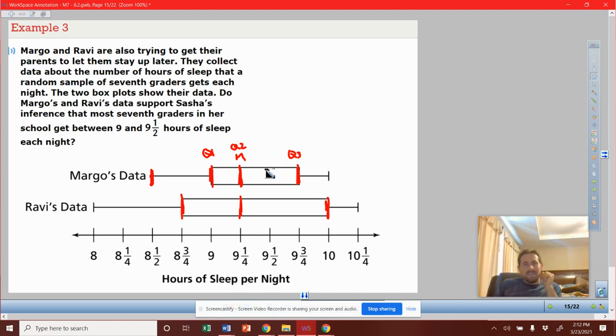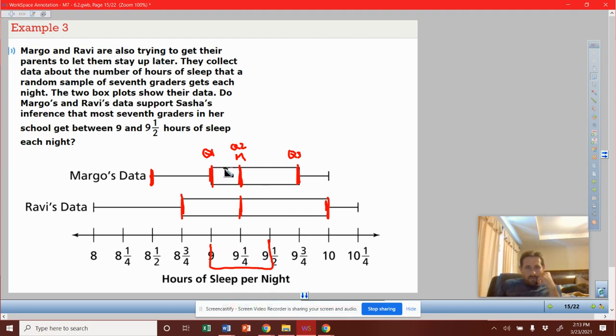So would these box plots say that the data falls in between 9 and 9.5? We still have our median there. You could see that we're right there at 9 1/4. And then if you're looking at Margot's data, she's got a really condensed box. And a condensed box as a quartile is a pretty good indicator that a lot of your data falls in that section.